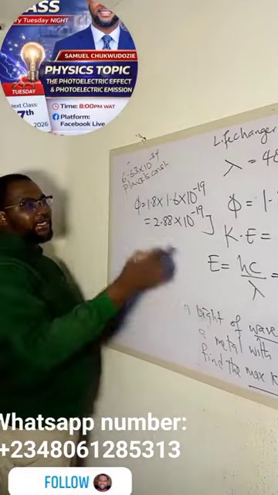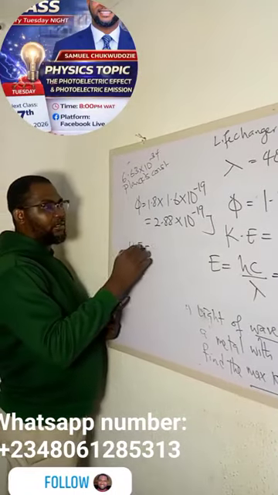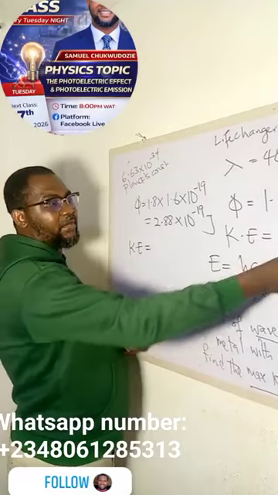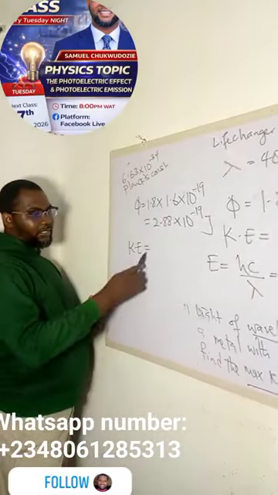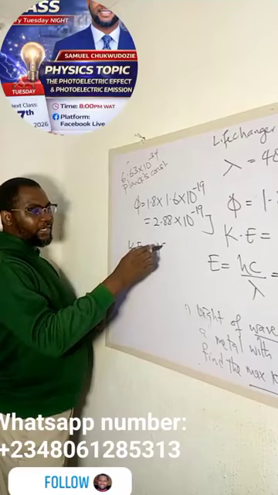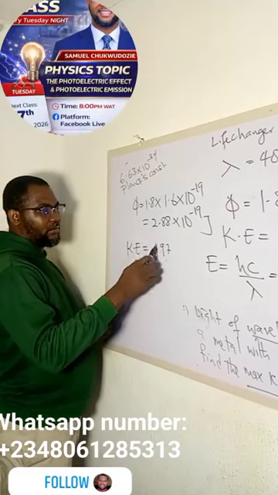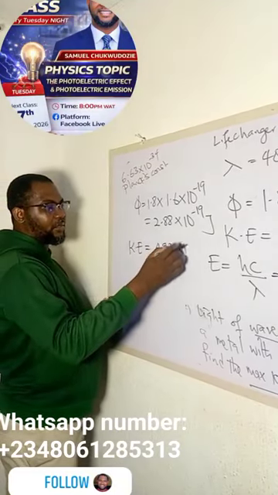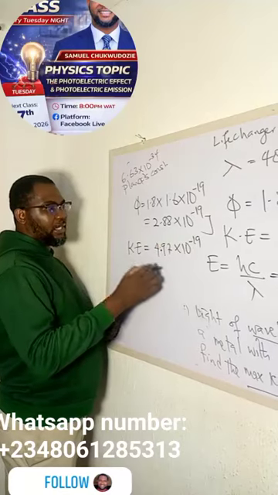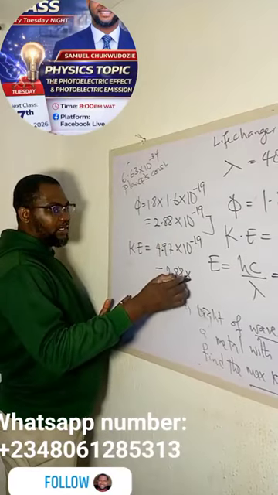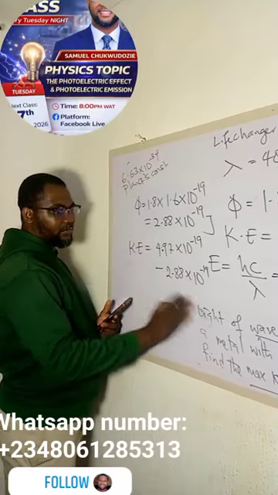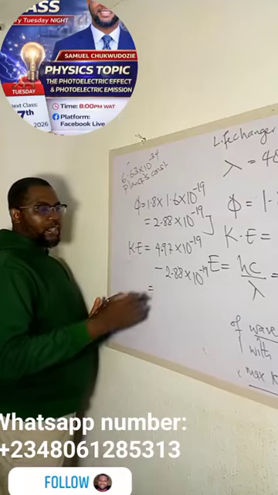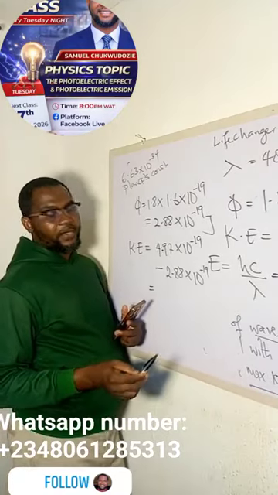Then if we are now to find our kinetic energy, energy of incident light minus work function, the energy of incident light is 4.97 times 10 raised to the power minus 19, then minus 2.88 times 10 to the power minus 19. I already taught you what to do here.